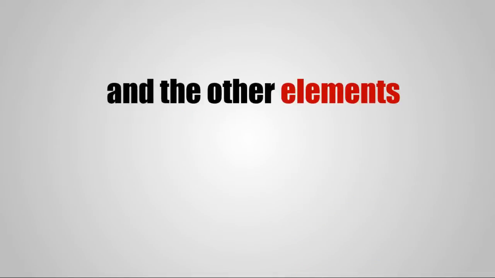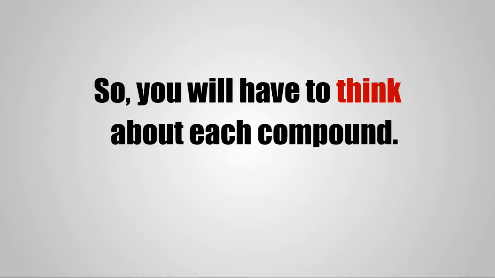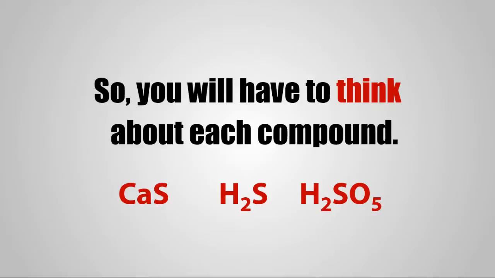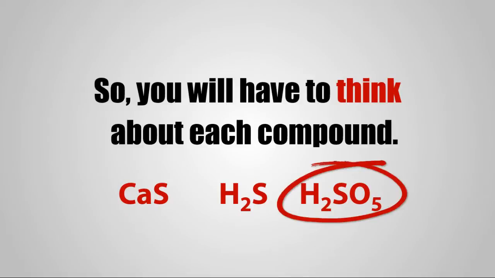It also depends on the other elements involved. So you'll have to think about each compound. Calcium sulfide and hydrogen sulfide might be different than persulfuric acid. Sulfuric acid, or persulfuric acid here, has a little bit different charge. So what we're going to have to do is think about this one and determine what it is.